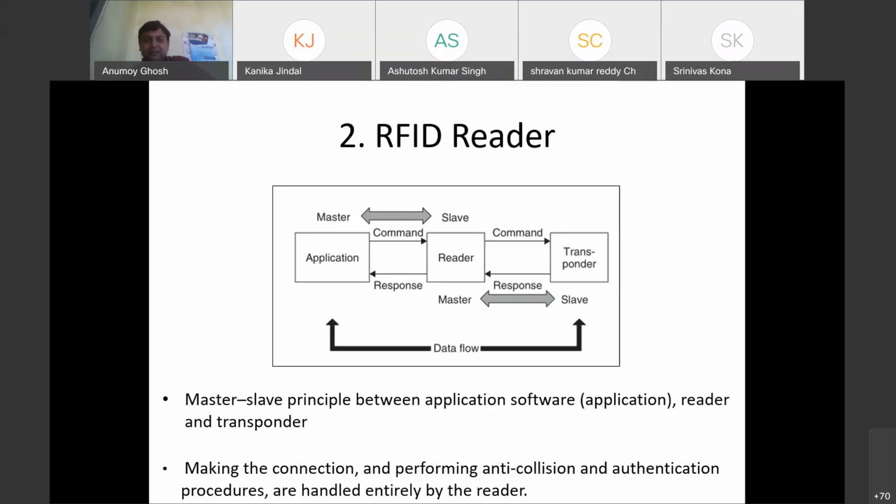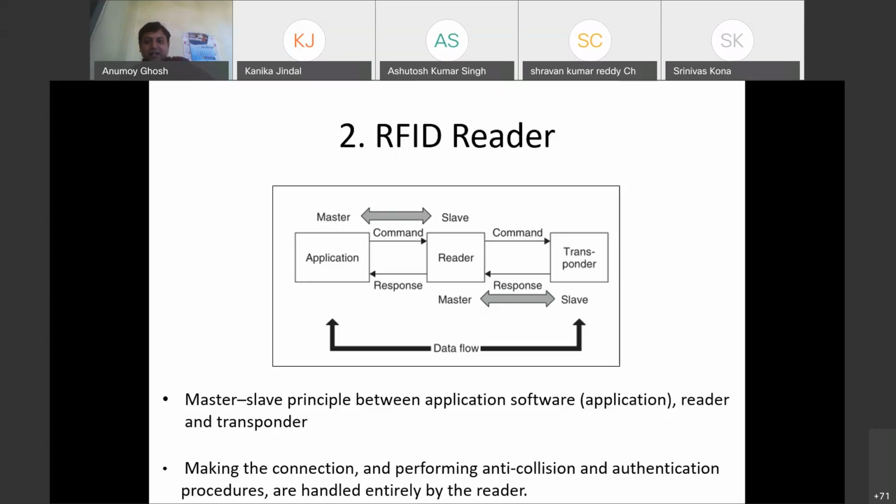For example, in a toll tax, what is the master computer commanding the reader? That you have to read the vehicle identification number, the bank details, and all those things from the tag. Getting that instruction from the master computer, the reader sends out that same instruction to the transponder, asking it to give that information. Accordingly, when the transponder receives it, its chipset processes that signal, and from the chipset storage memory it gives out that information.